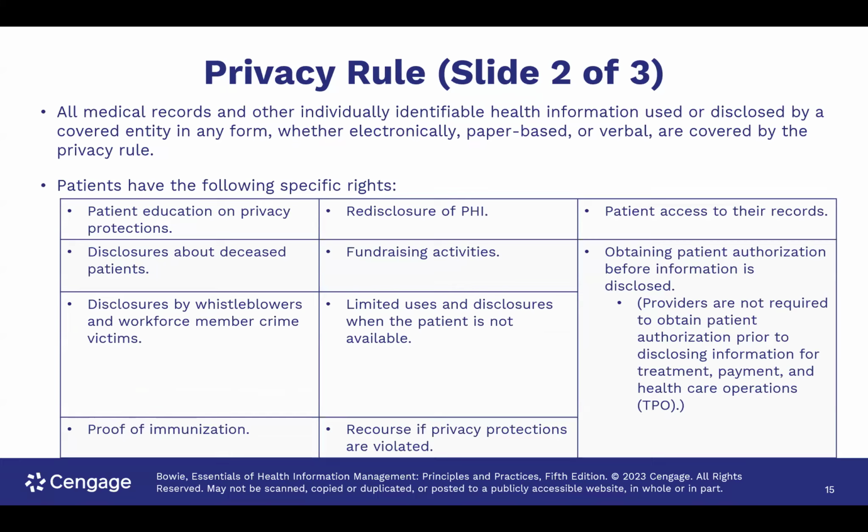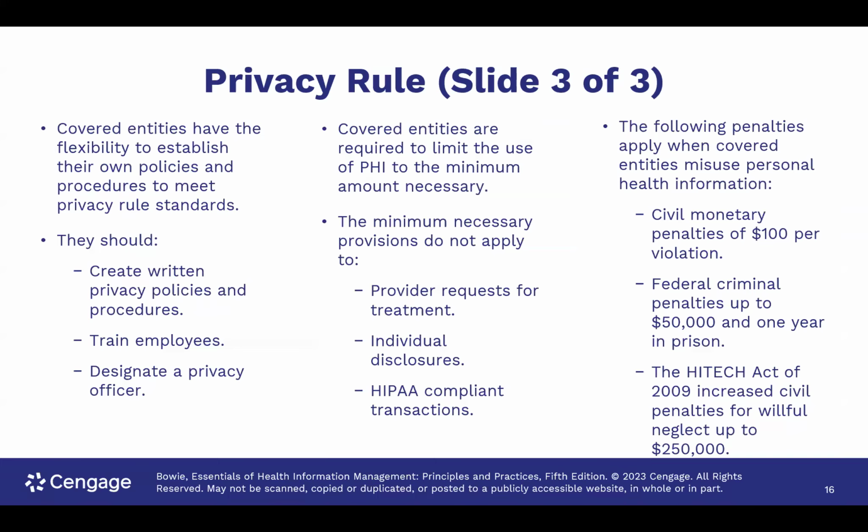And patients have specific rights under this. The rights include patient education on privacy practices, redisclosure of PHI, patients having access to their own records, and so on, as illustrated here. Covered entities do have the flexibility to establish their own policies and procedures to meet privacy rule standards.